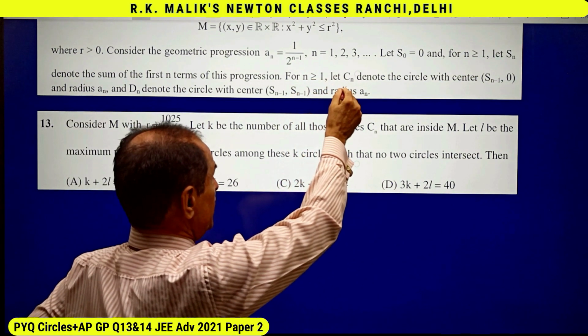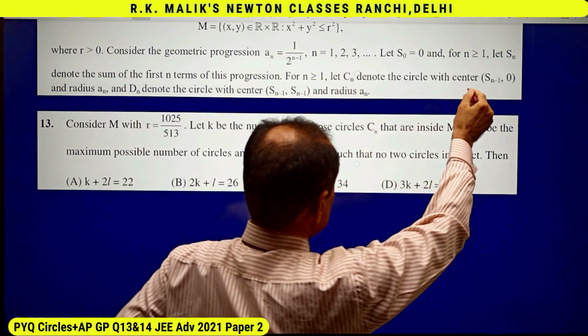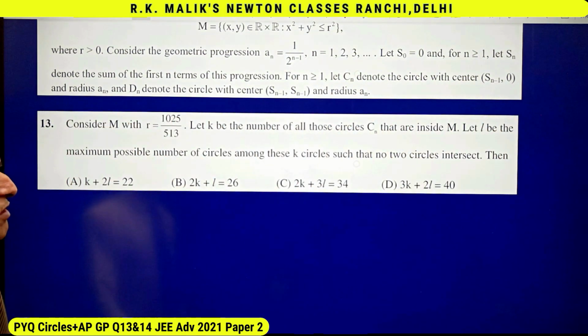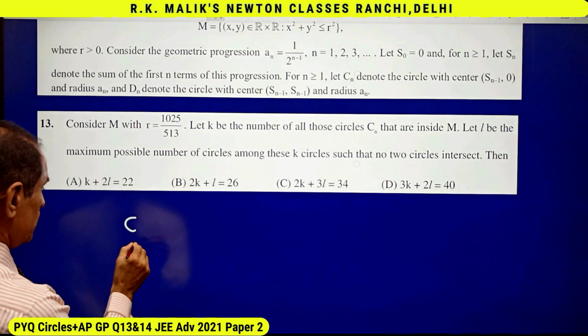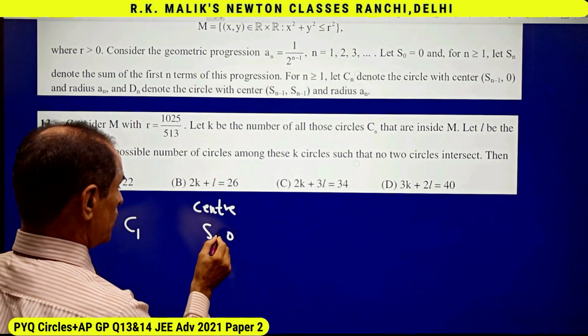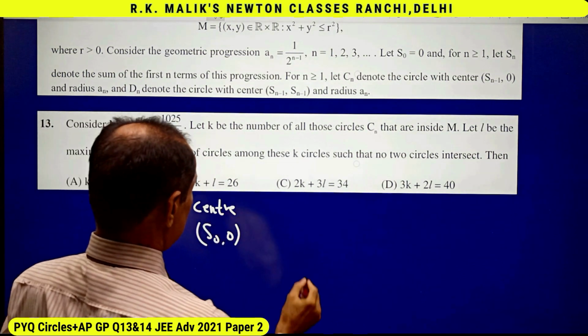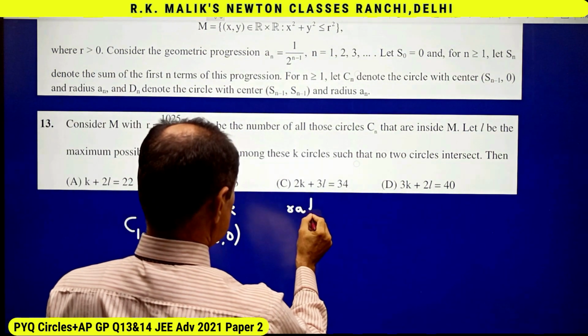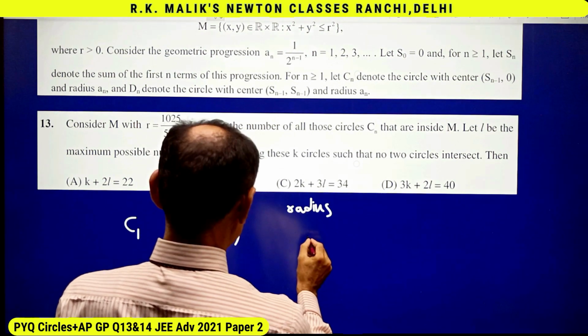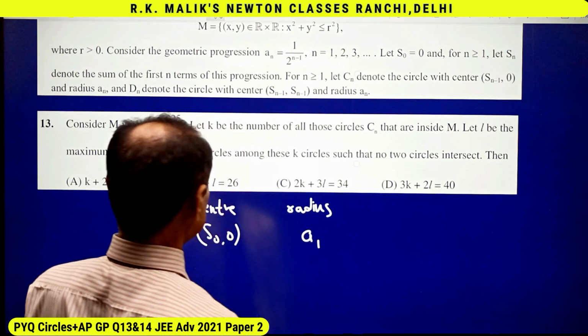He says Cn denotes the circle with center Sn-1, 0 and radius an. That is, for the circle C1, center will be S0, 0, radius will be A1.